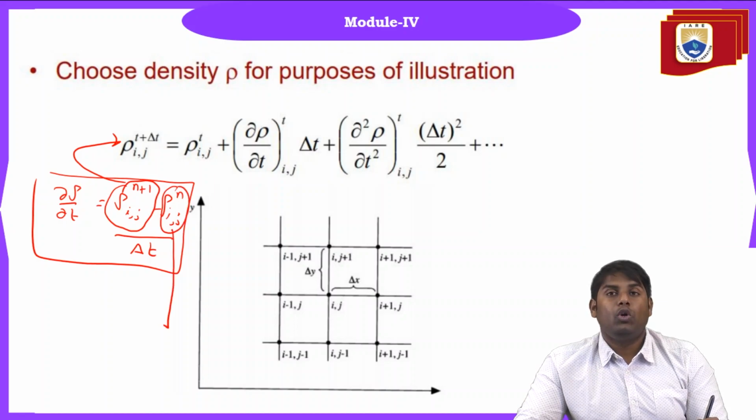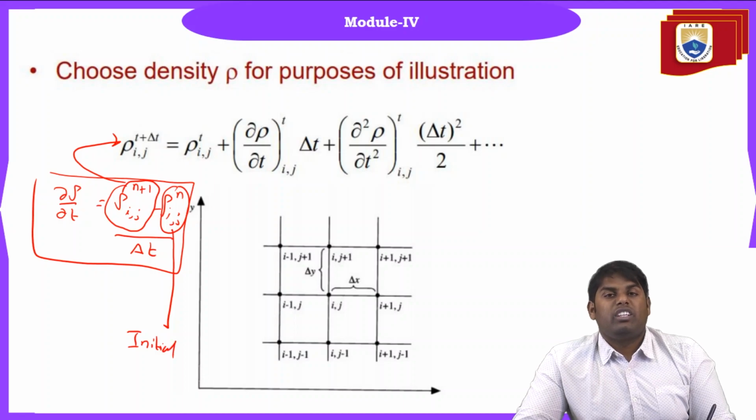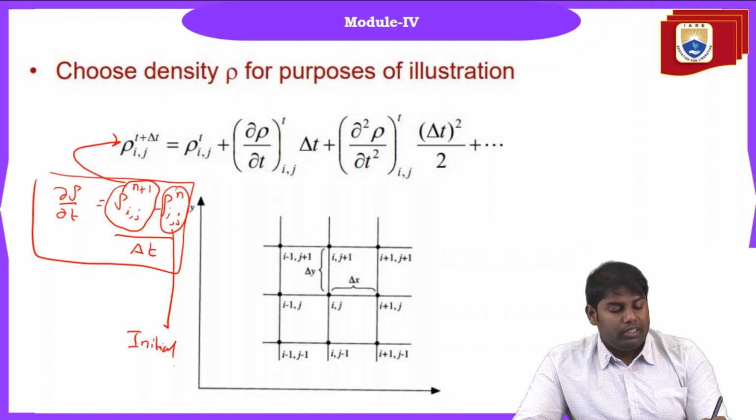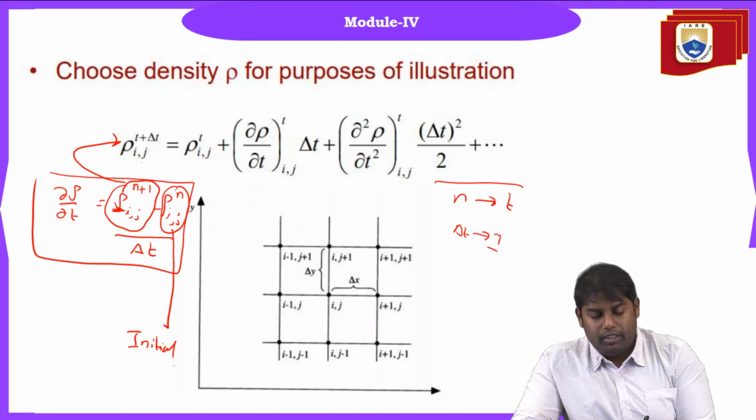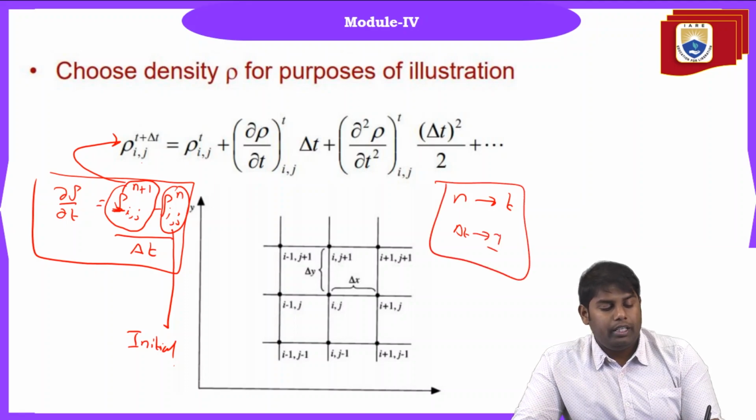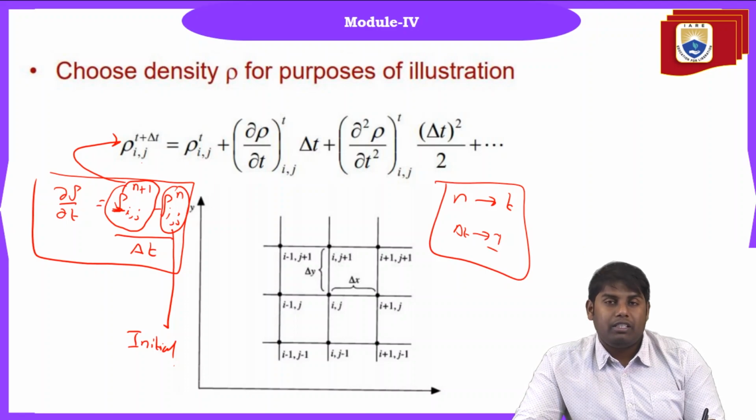This term is the known term, or the initial value. That is what we are writing in terms of i,j. Here n we are considering as t, and Δt is nothing but 1. So when we apply this concept here, that will be ρ of i,j to the power of t plus Δt.